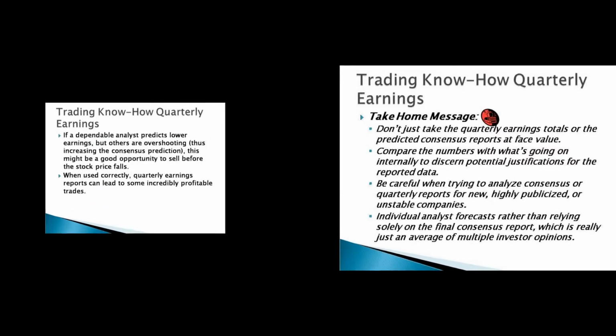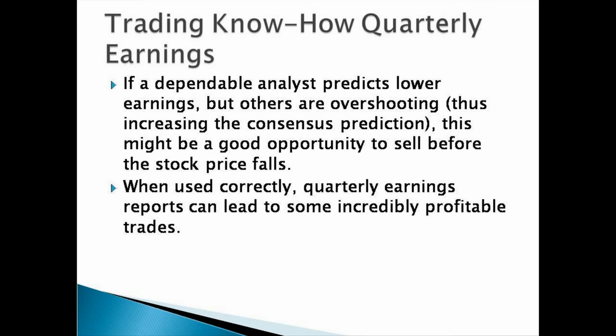Specifically, for example, if a dependable analyst predicts lower earnings but others are overshooting, thus increasing the consensus prediction, it might be a good opportunity to sell before the stock price falls.